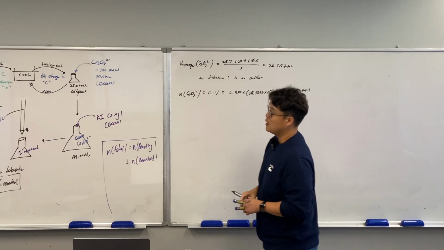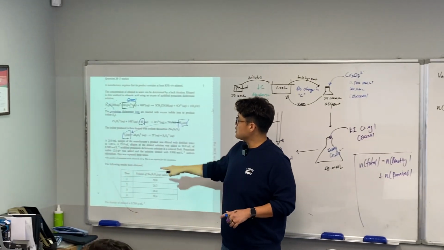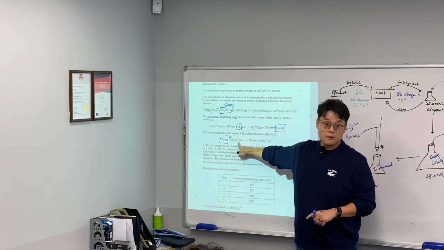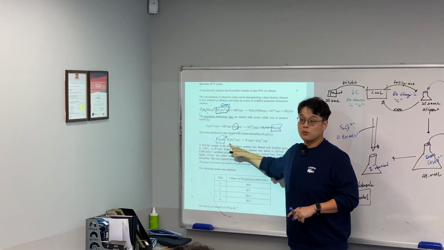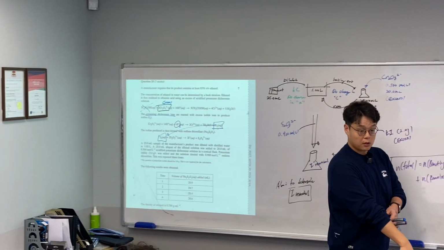So what do we do? Use the reaction, guys. This is the amount that we used for the thiosulfate. Then we would know the I2 would fall into the reaction ratio stoichiometrically too.